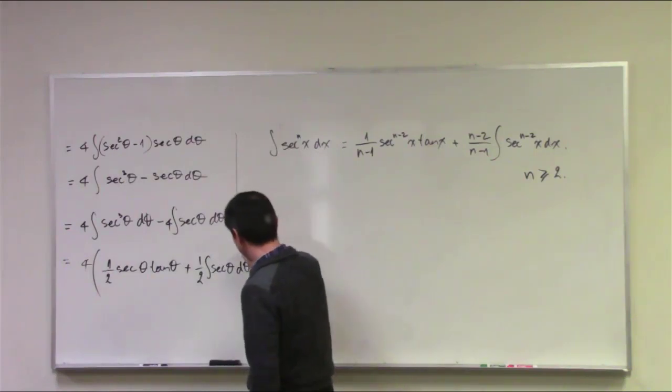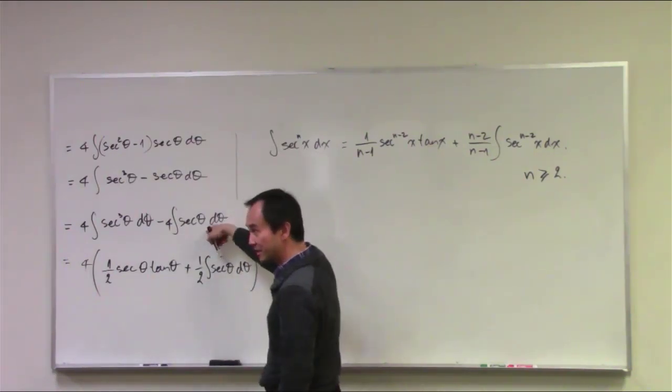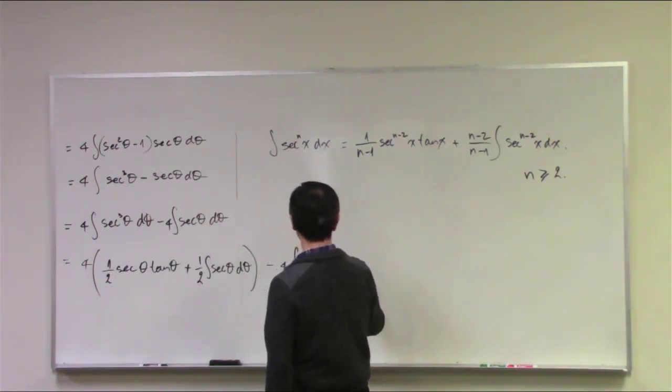Holding that in the parentheses, and we're subtracting 4 times the earlier integral here, the integral of secant of theta d theta.